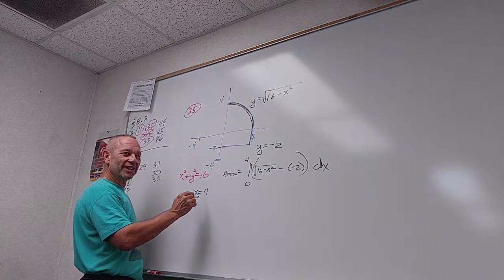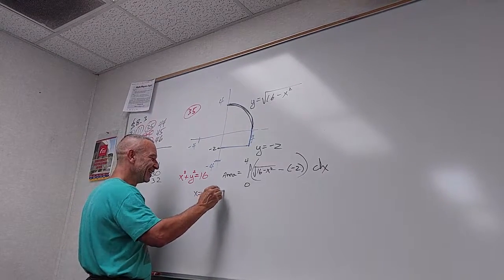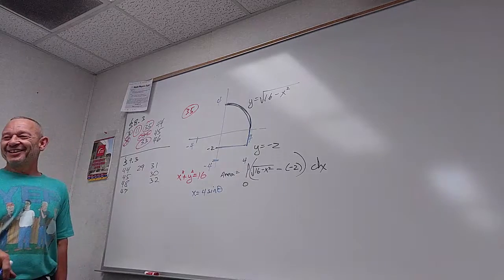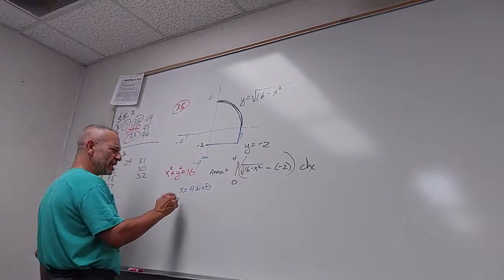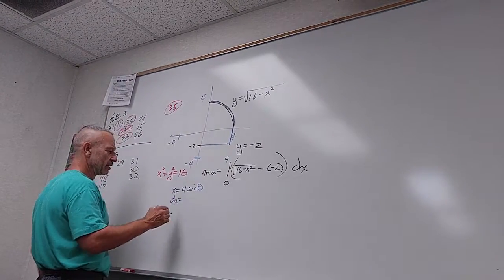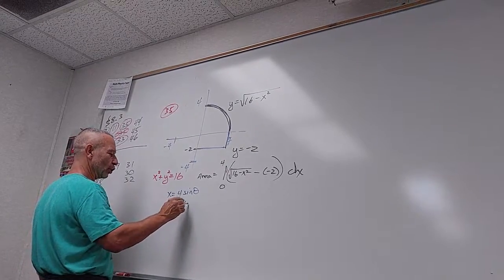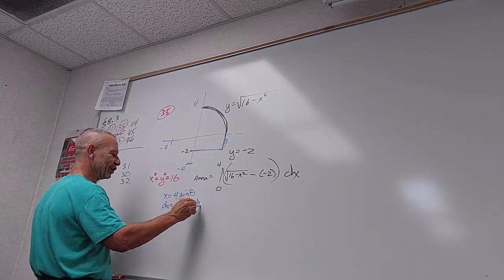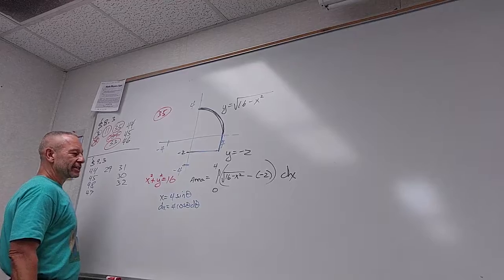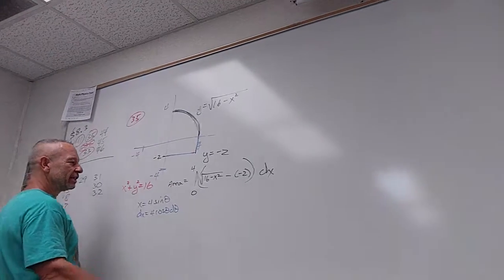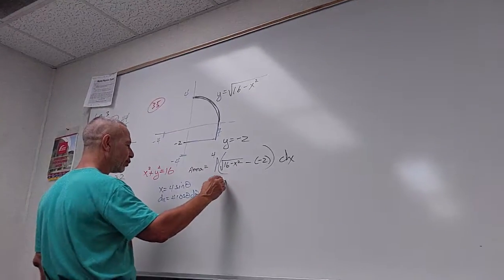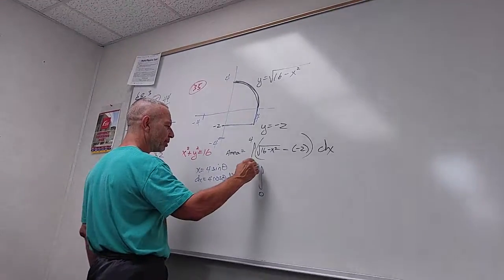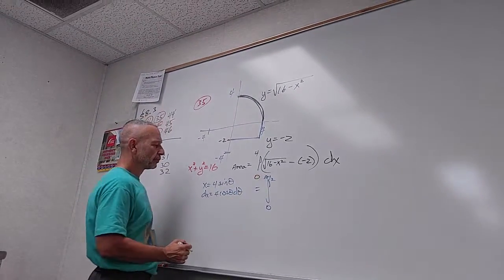Okay, I just want to see if I can shake you. Couldn't shake it. So dx is 4 cos theta d theta. All right, so I guess that's all we really need there. This is going to turn into, therefore, the integral from 0 to pi over 2.